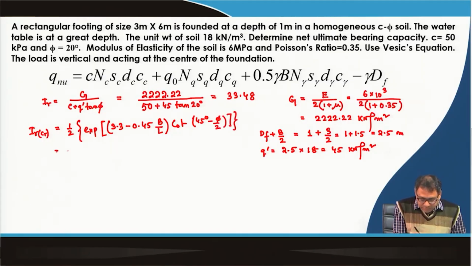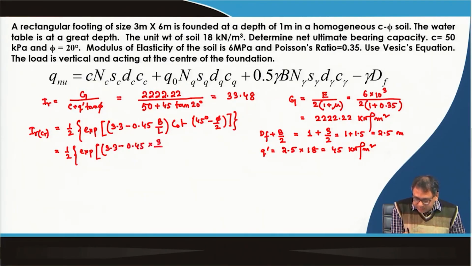So, I will put this value: half exp of (3.3 minus 0.45, B is 3 meter, L is 6 meter), then cot of (45 degree minus 20 degree divided by 2).